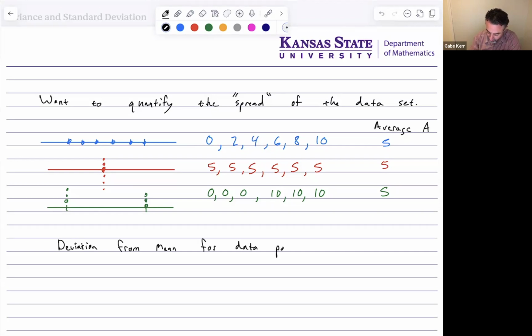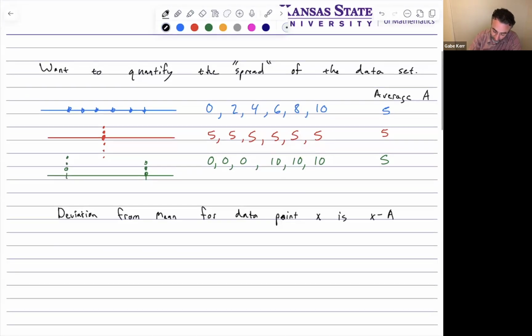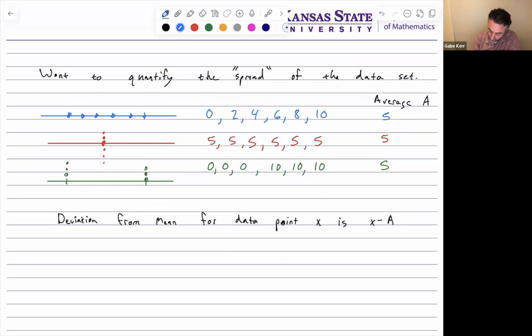Let's do it for our three cases. In the blue data set, we have -5 because we're taking 0 minus 5. Then 2 minus 5 is -3, 4 minus 5 is -1, 6 minus 5 is 1, 8 minus 5 is 3, and 10 minus 5 is 5.